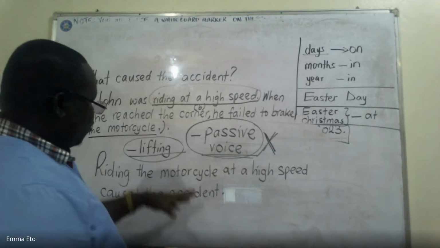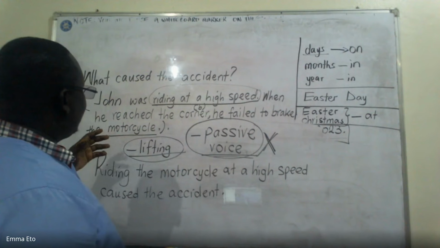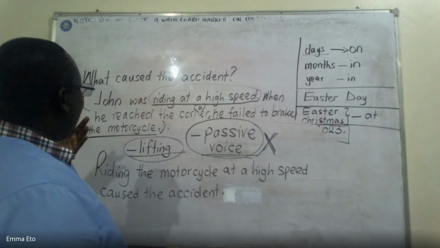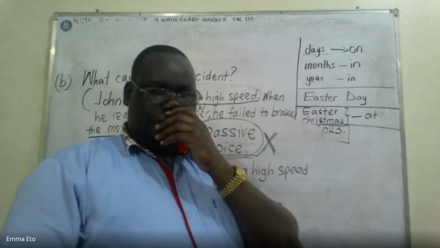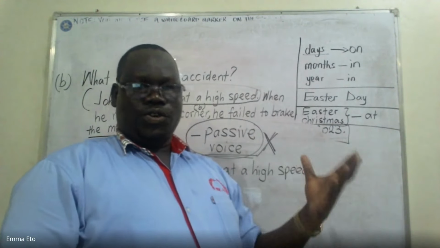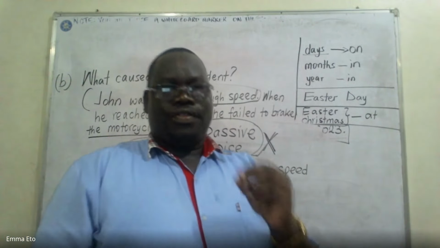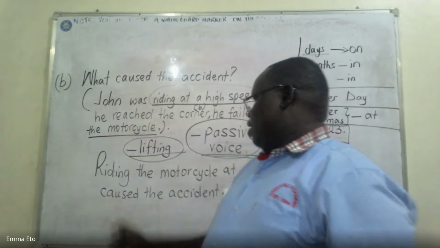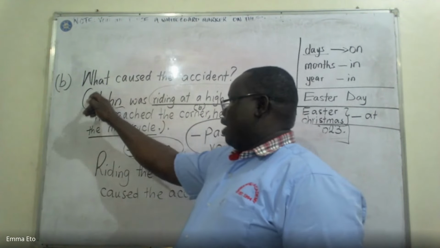The other question would be, how did John get an accident? How did John get an accident? Now, that's when we shall involve the John and he becomes very guilty.